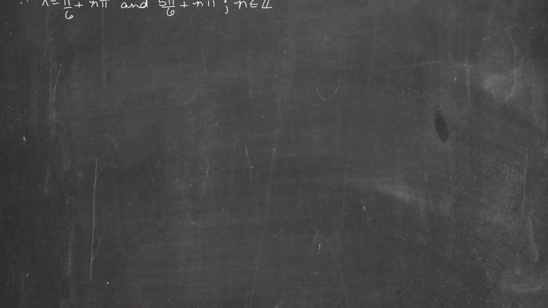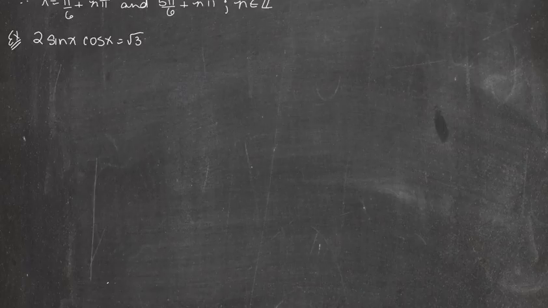All right, so another example. We want to solve or find the value of x for the trigonometric equation 2 sine x cos x equals root 3 sine x. And this time we're going to limit it to the interval 0 to 2 pi.